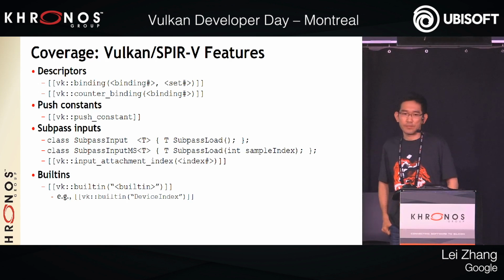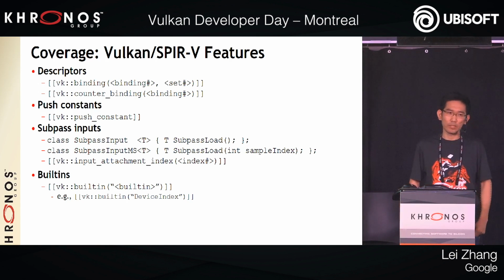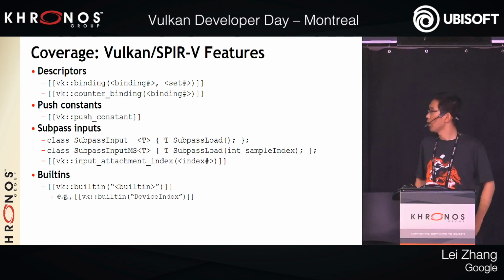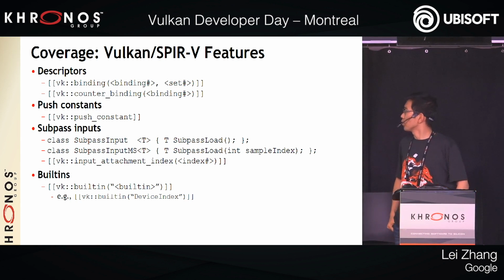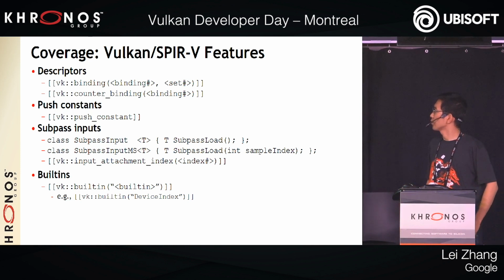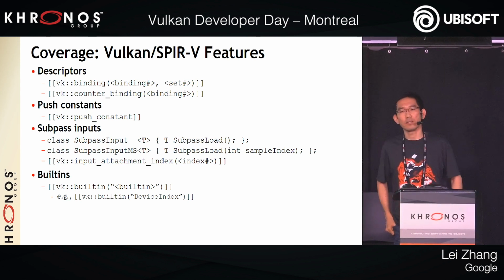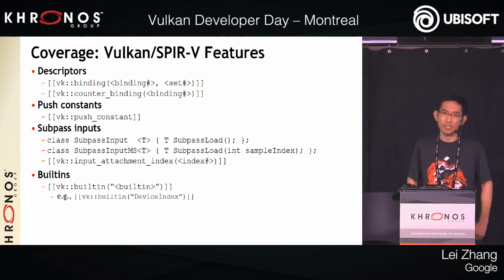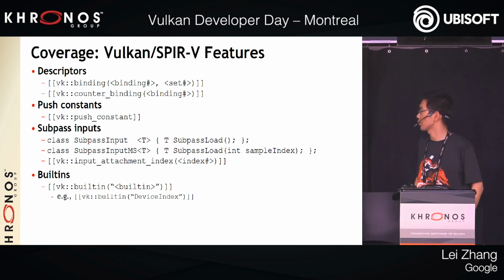The general philosophy is to be less intrusive, so you can retain the portability of the shaders as much as possible. So we normally resort to C++11 attribute syntax a lot, and we only add native types, built-in types or methods if truly necessary.